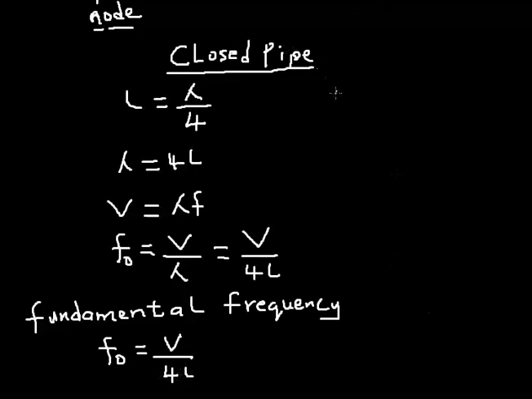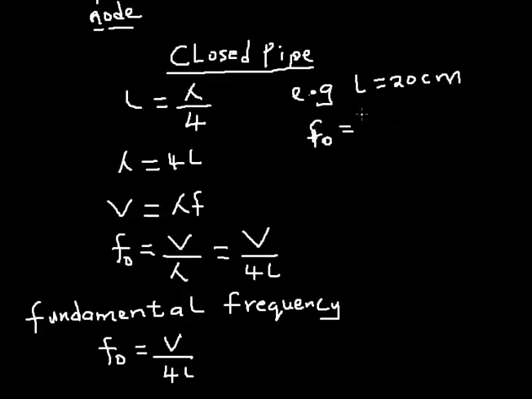So invariably now, if I should have a closed pipe of length 20 cm, then I'm being asked to find the very first frequency you get out of this closed pipe. Simple.